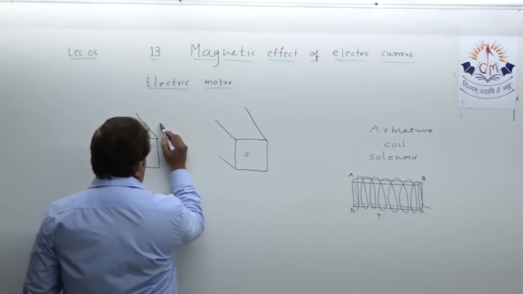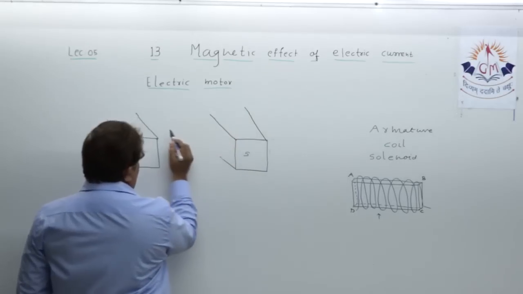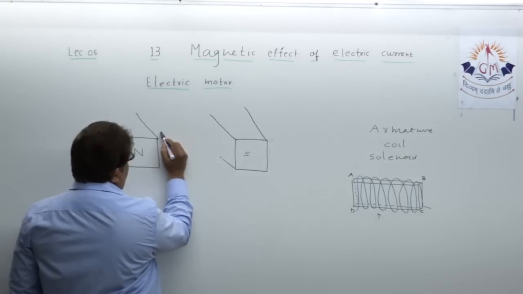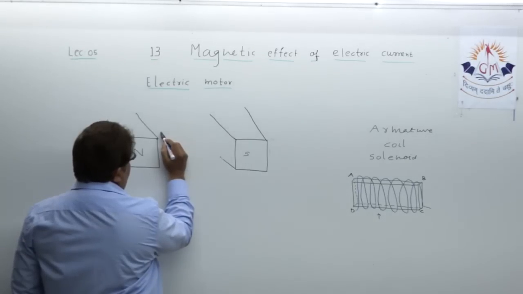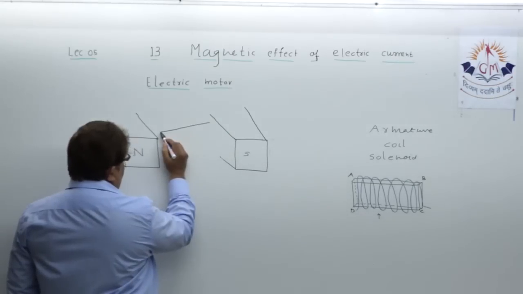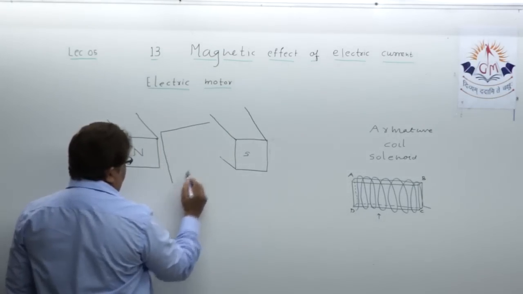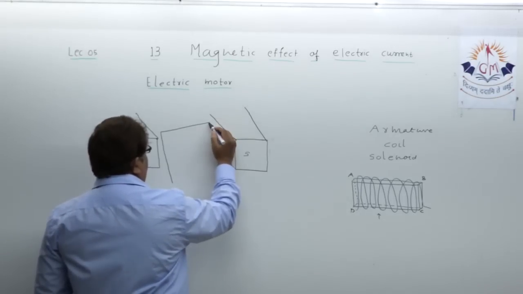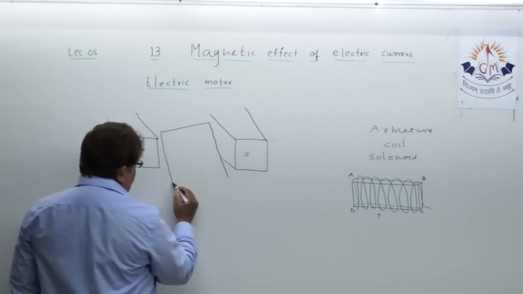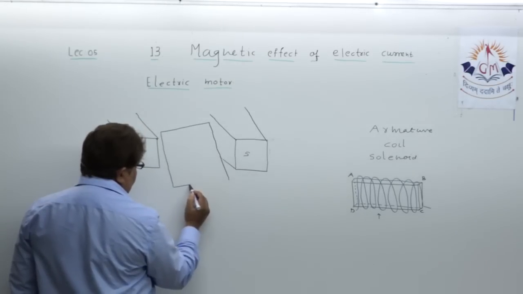Let us try to draw and understand. A rectangular coil of wire is kept inside this powerful horseshoe magnet. I am just trying to show you the rectangular coil of wire.